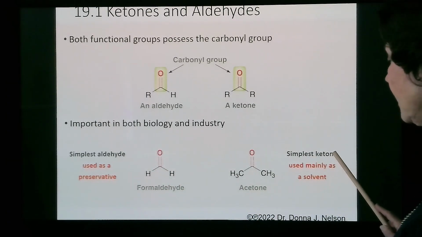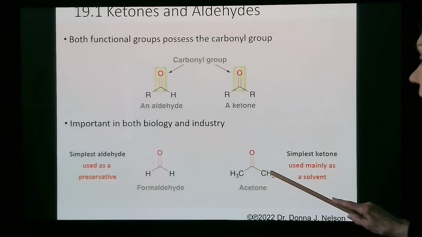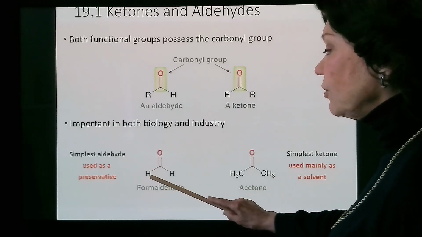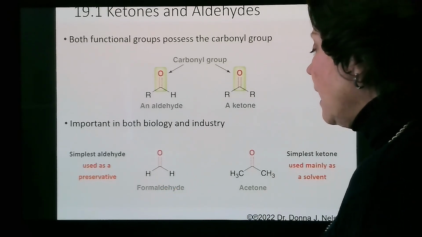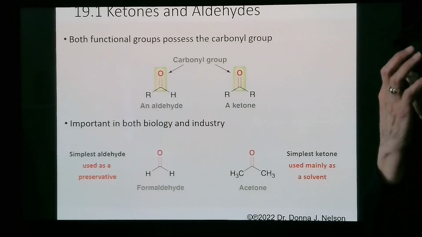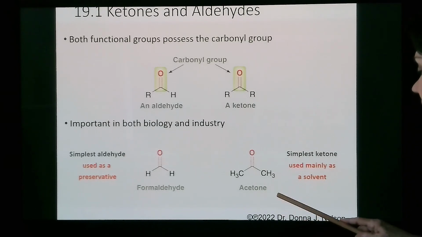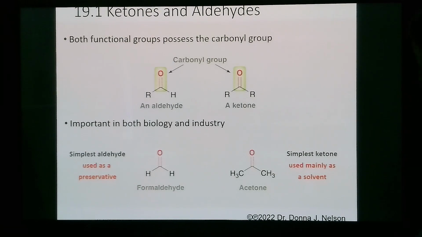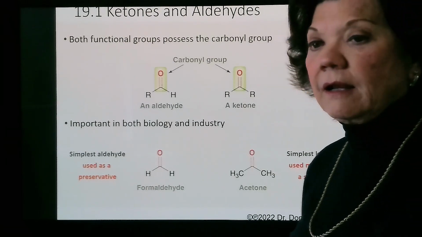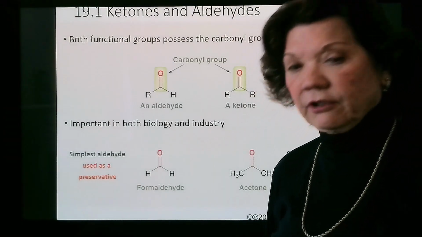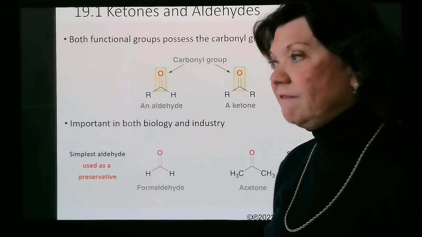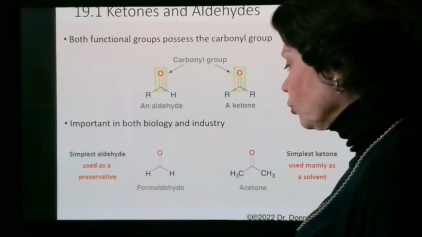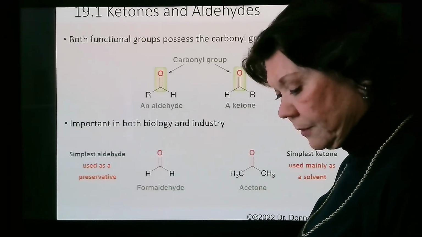The simplest ketone has 2 methyls attached to carbon. Formaldehyde is used as a preservative; I'm certain that you've heard of it. And then acetone is used mainly as a solvent. We use it in lab extensively, very, very often. They're extremely important compounds.